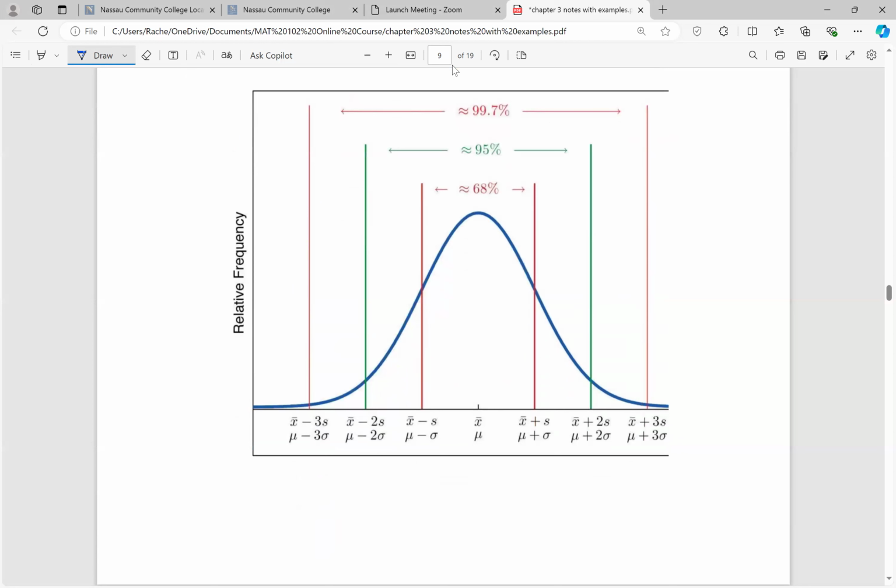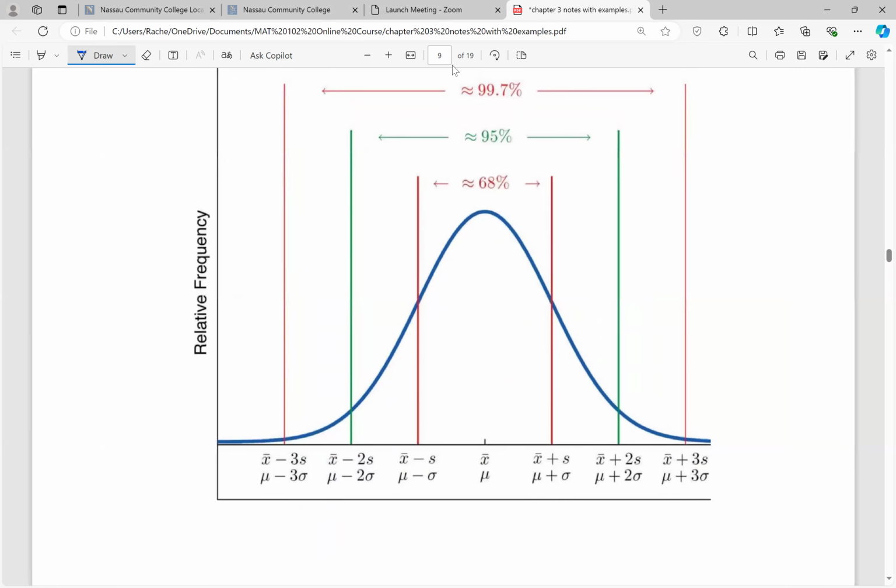What the empirical rule is saying is that if I have a bell-shaped distribution, and remember in a bell-shaped distribution the mean is in the center. Notice how I labeled the horizontal axis. The mean is in the middle, but remember, there are two symbols for the mean, either the population mean or the sample mean, so we listed both here. If we were working with sample information, we would use x bar as the mean.